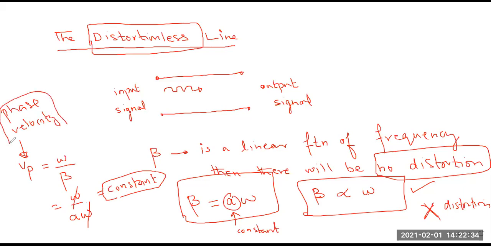So what type of behavior will a distortionless line show? On a distortionless line, the phase velocity will always be equal to some constant, irrespective of the frequency of the signal. Any frequency signal, when it travels through this line, will have the same phase velocity.